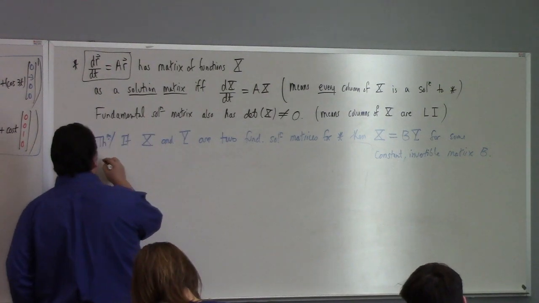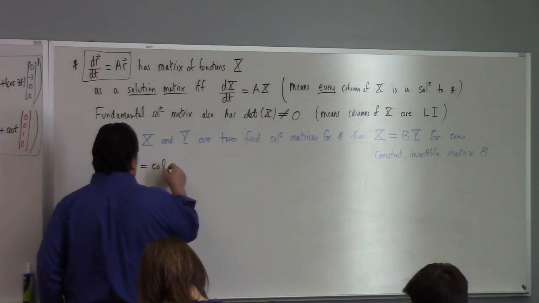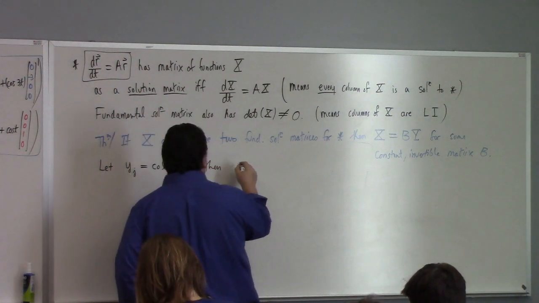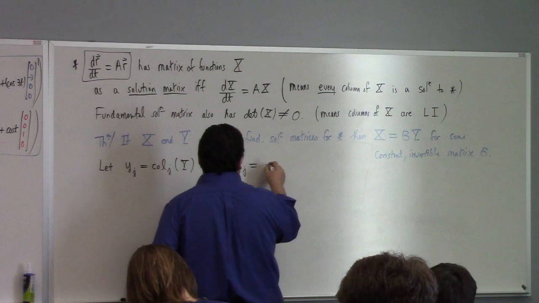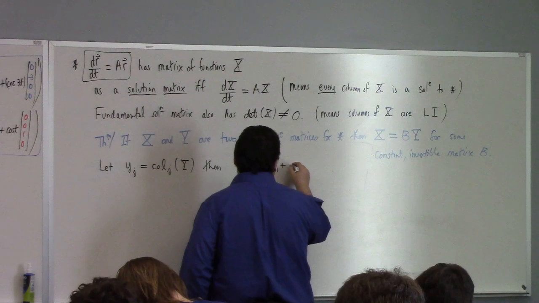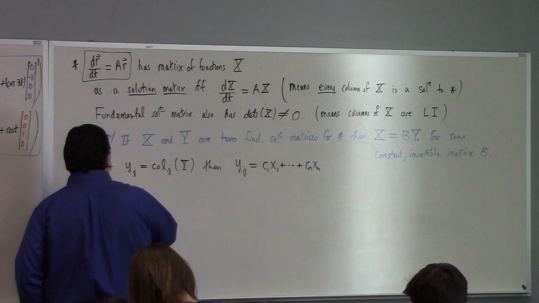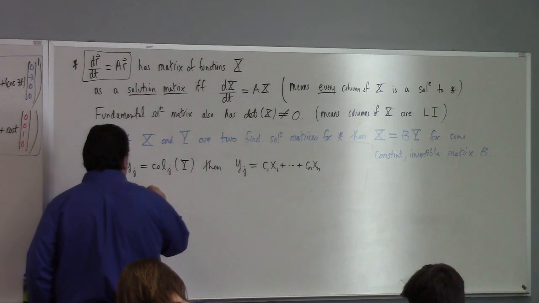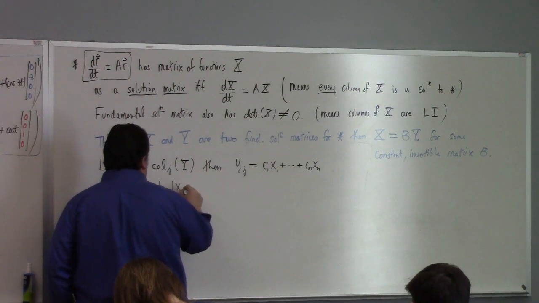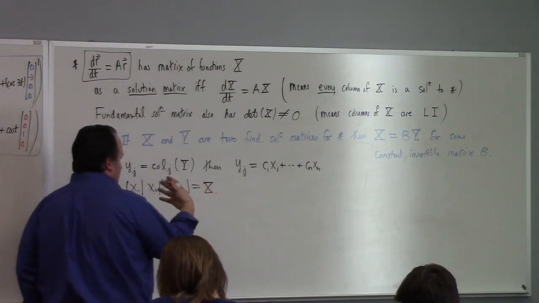If we let yj equal column j of the fundamental solution matrix Y, then yj has to be equal to c1 x1 plus plus cn xn, where x1, x2, xn is the matrix X, right? So I'm using x1 for the first column in X.